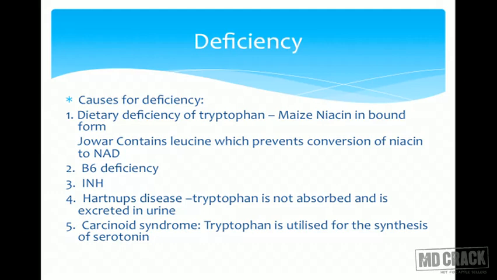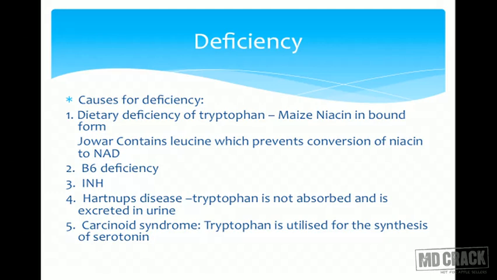So more common is jowar. Whatever niacin is there also, it cannot be converted to its active form, and thereby all the NAD plus enzymes are affected, leading to deficiency syndromes. So both maize and jowar eaters. Now, other than that, it can also be seen in B6 deficiency, vitamin B6, pyridoxal phosphate deficiency.